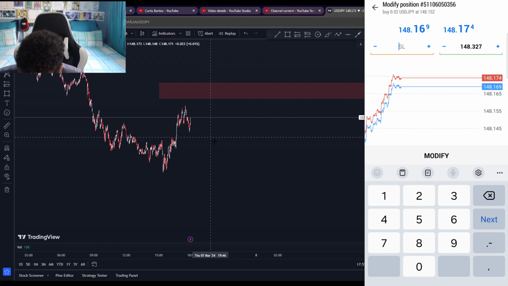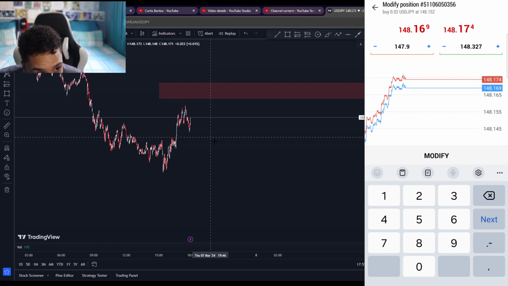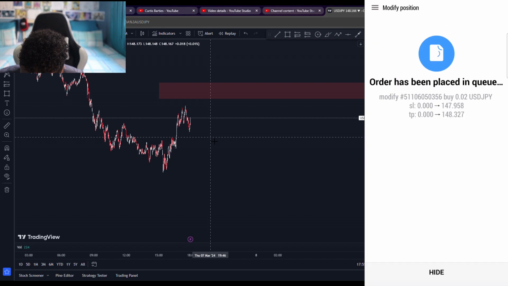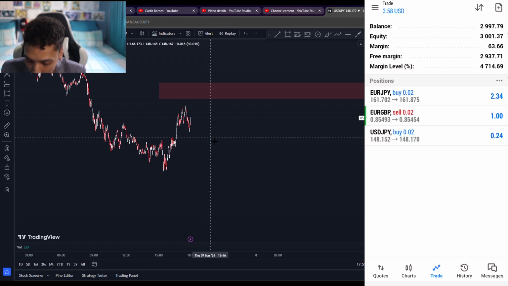Stop loss at about 147.9. Okay, now we have our 4th trade in.